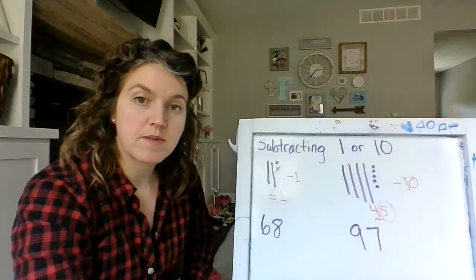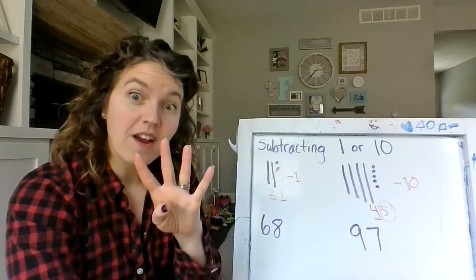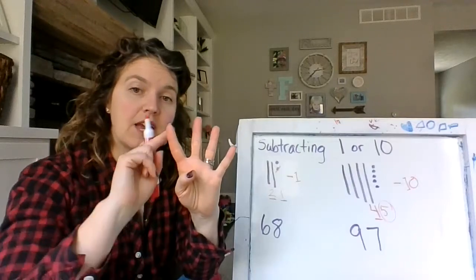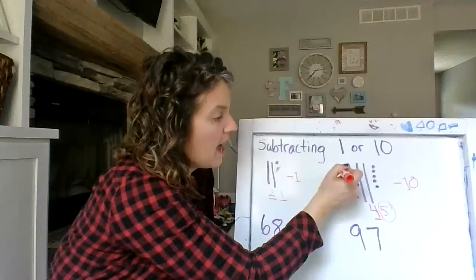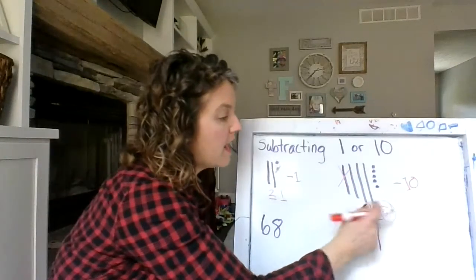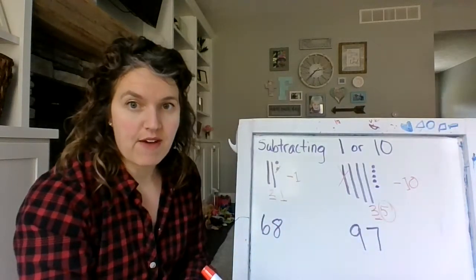Show me with your fingers. No, really, I want you to show me. From the 4. We're going to take away, so if I have 4 groups of 10 and I take 1 away, now I have 3 groups of 10. I also could show that on my picture. Take away that group of 10, and so now I have 35.